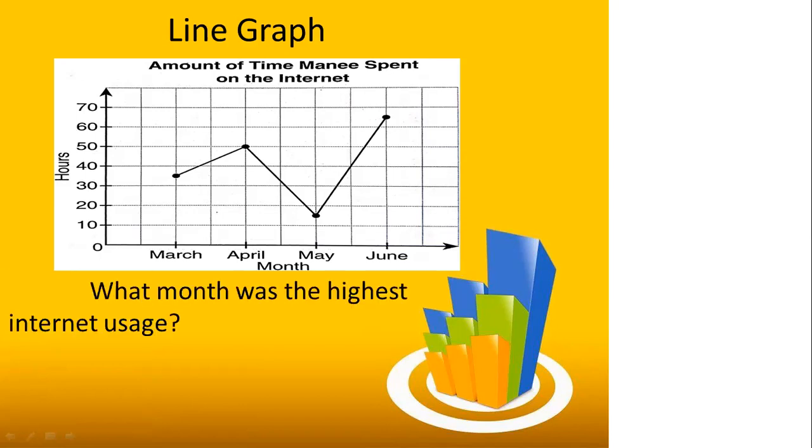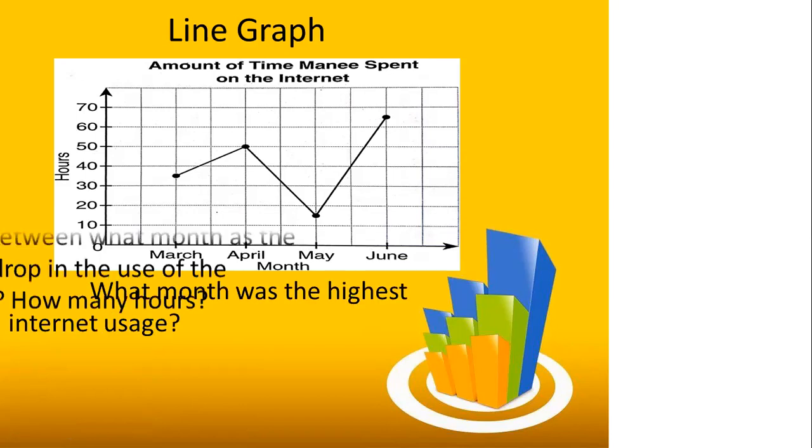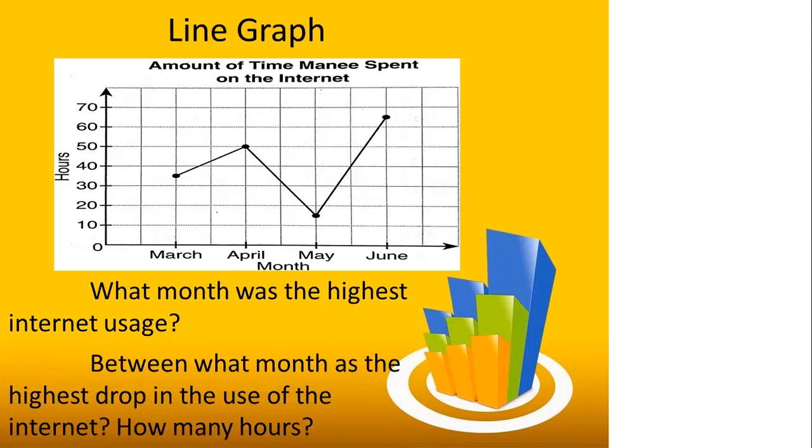Okay, Akira. Between what months is the highest drop in the use of the internet and how many hours? Highest drop. Yes, Satan? Between March and May and... all right, so that is between May and April.